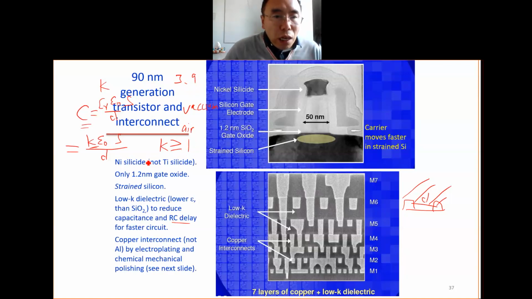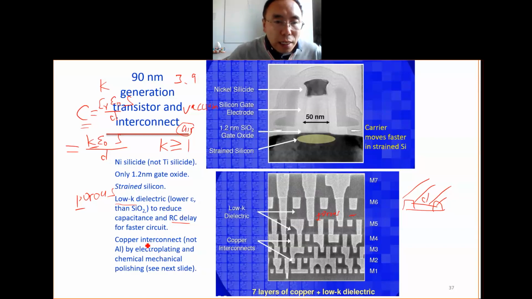So how do we make a low K material? Low K material is made porous. When you have a porous material, it is like air, so K is closer to 1. Nowadays the material here is porous material.